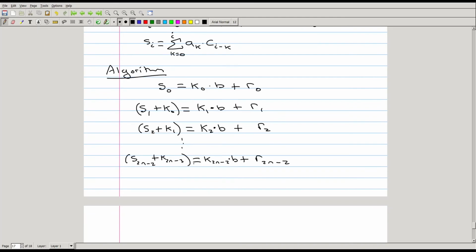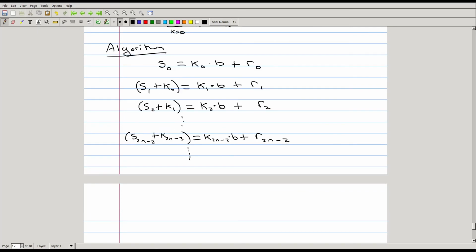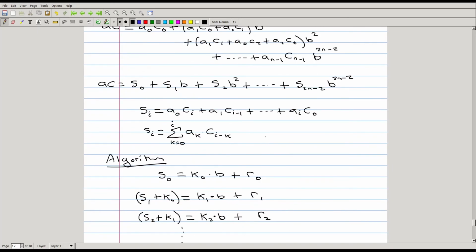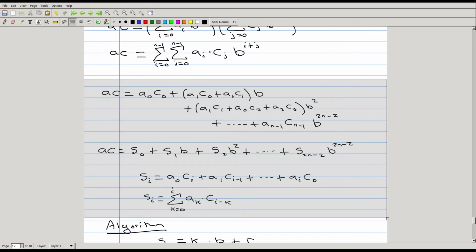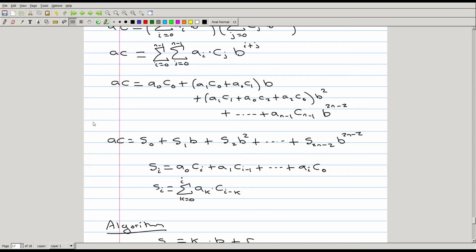So we have to continue this procedure until we get that Km is equal to 0 times B plus Rm. And then the sequence of remainders is the sequence of digits in the base B expansion of this multiplication.